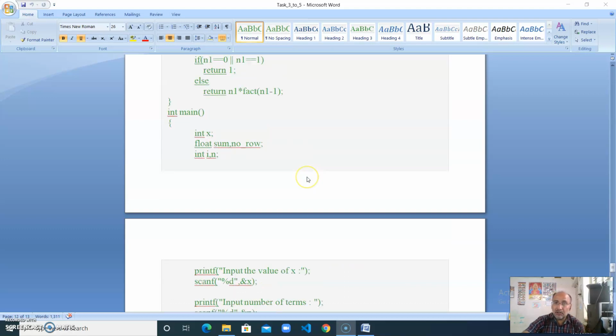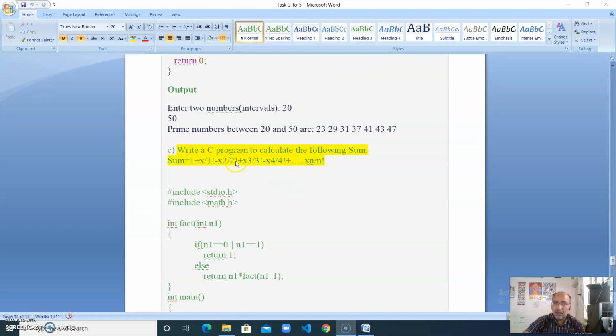When you observe this series, x squared by 2 factorial has a minus before it, and x to the power of 4 by 4 factorial also has a minus. That means the even terms have the minus, and the odd terms have the plus.